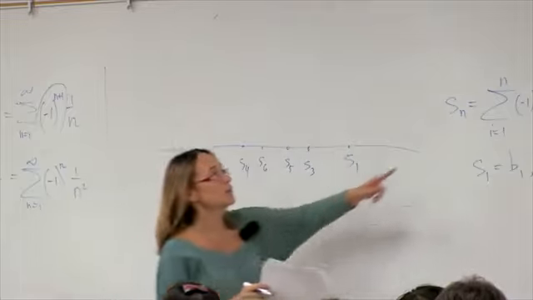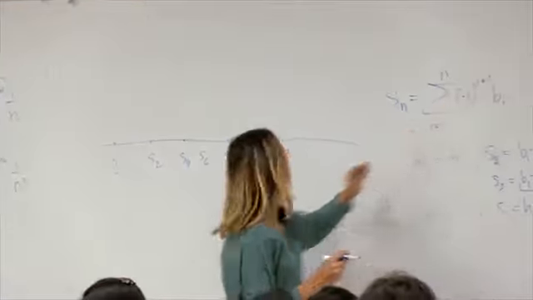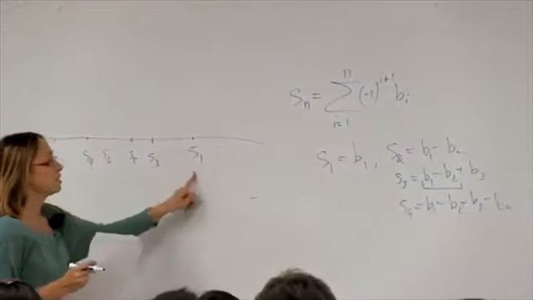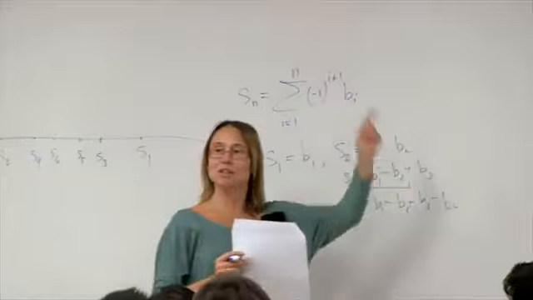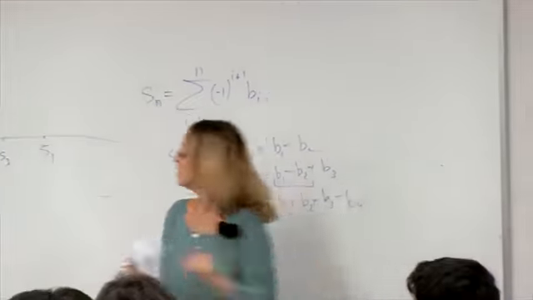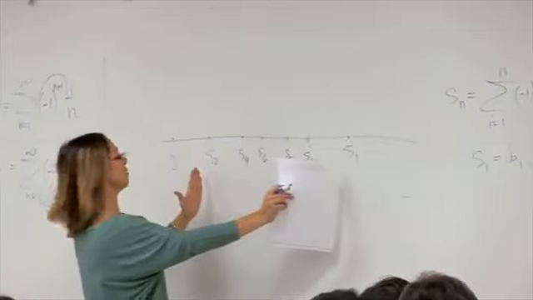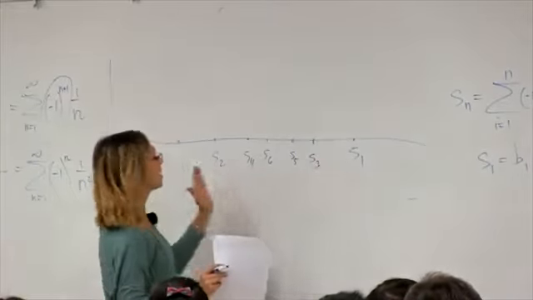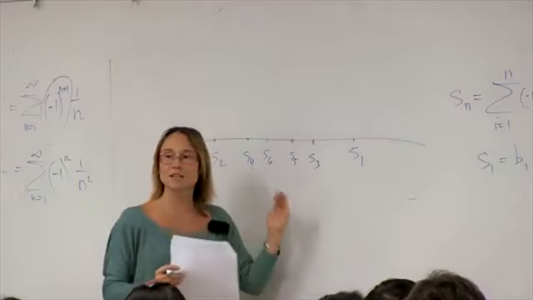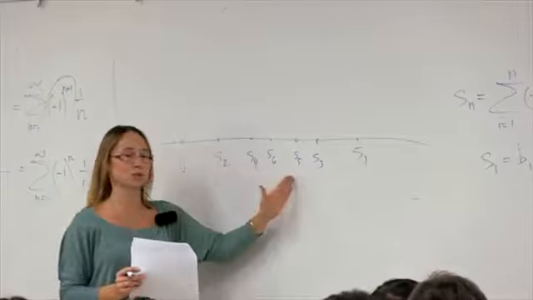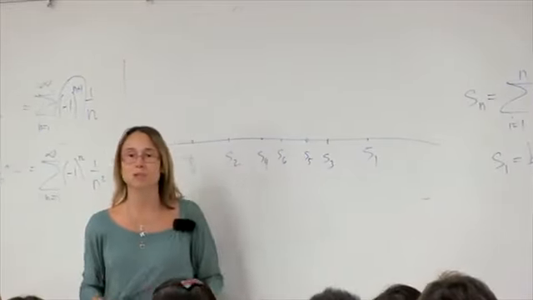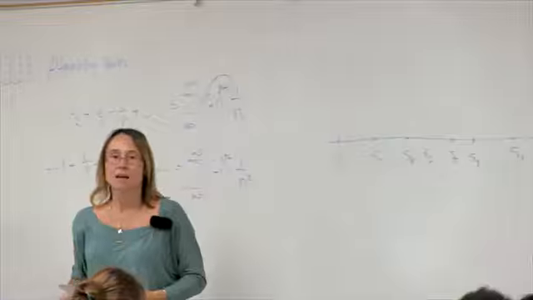When we don't have minus 1 to this power, we have S1, S2, S3, S4, which diverges. Here, they jump around and remain bounded, for sure, between S1 and S2, and it takes a few more lines to show that they actually converge to a finite limit. Questions? Thank you very much.